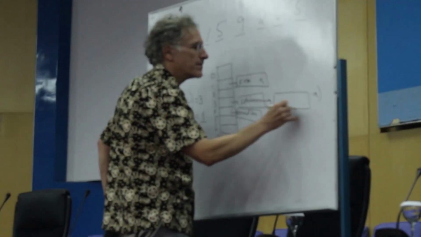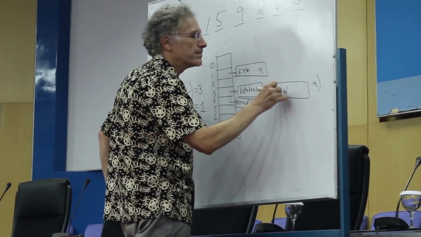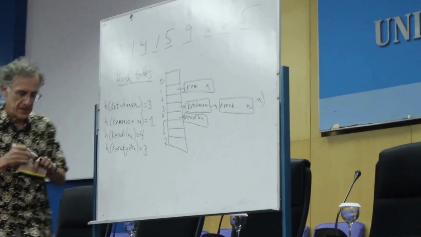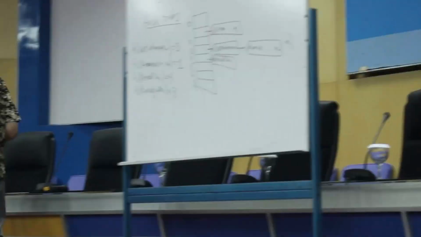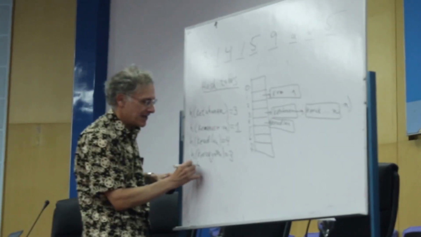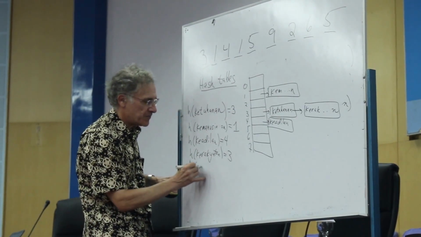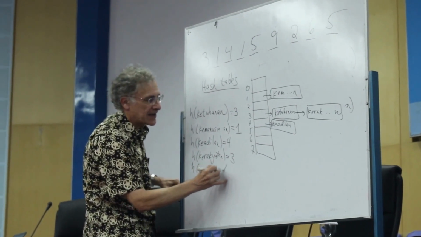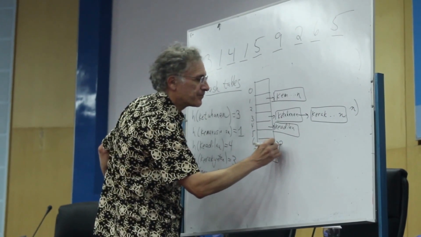Not a problem. I can just put it here. And my final one, what's the last one? The second one. And the number I've chosen for that. When I apply the hash function of persatuan, I get 6, and here it is.